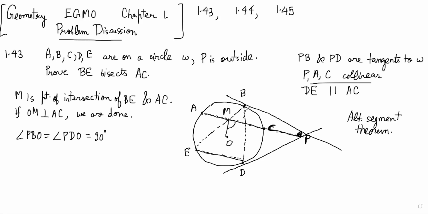When there is a tangent and a chord, this angle should be equal to this angle. That we know from basic geometry. So this is a chord, PB is a tangent, and this angle must be equal to this angle, which is basically PBD.